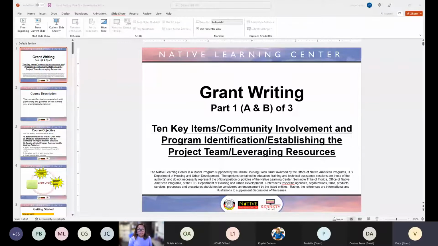So here's just another way to look at the grant cycle. We're at the top of the page there, the community involvement and program identification, which moves over to the right of the screen, establishing the project team. Those are the 2 big things we're going to talk about this morning and early afternoon, and then finish in that last green box over there.